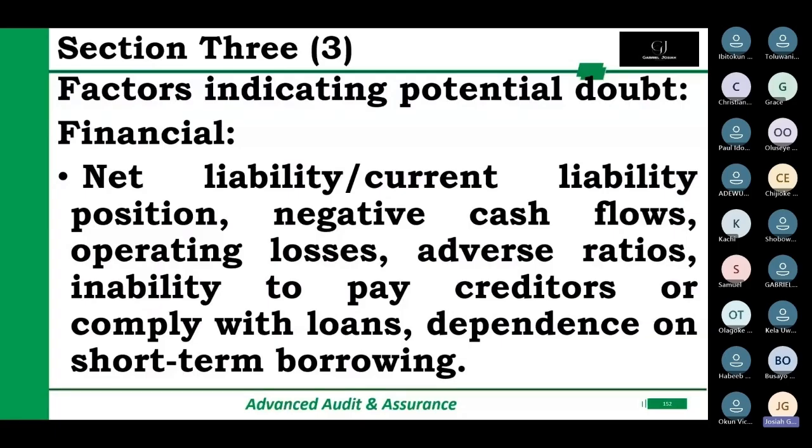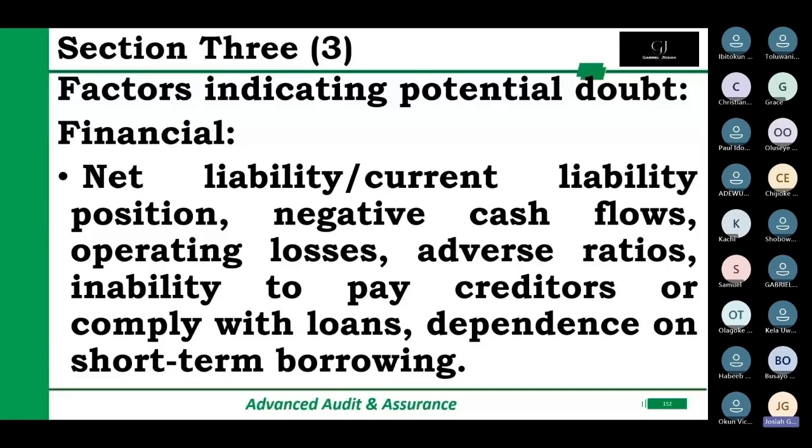These are indicators of going concern issues that could be financial, and some of them could point to sustainability challenges the company is going through, and the auditor needs to bring them to the attention of management.